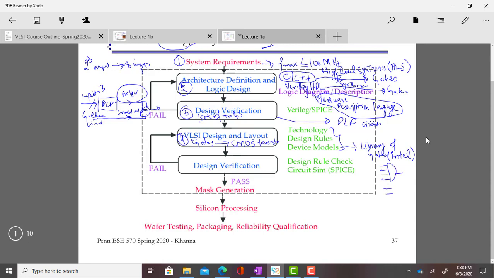It may have a 2-input XOR gate, but maybe no 4-input XOR. There may be no 4-input XOR, and if you want to make a 4-input XOR, you have to use multiple XOR gates. So this is the concept of a library.